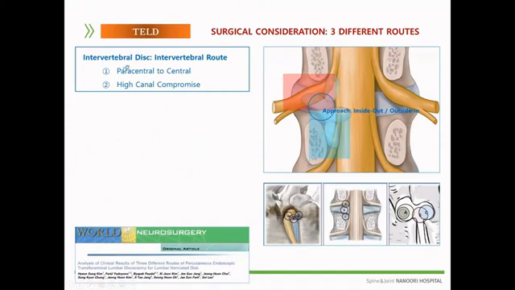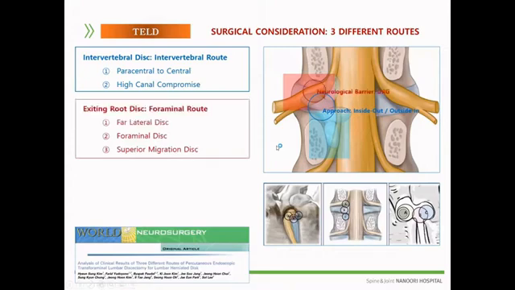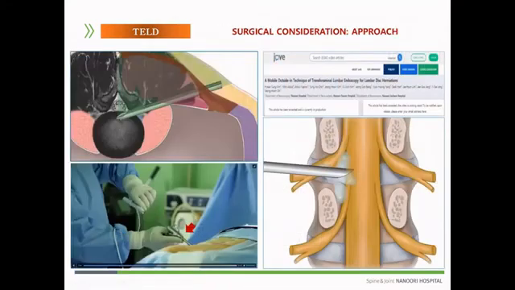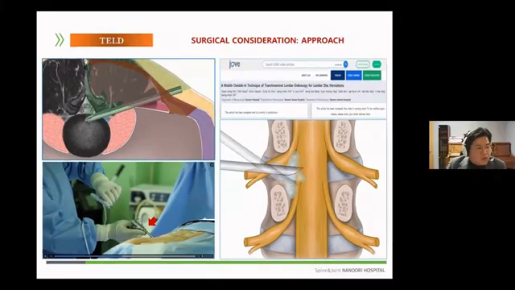There is an intervertebral route, which we generally apply, and a foraminal route that can be used effectively for foraminal disc and the superior migration disc. And there is a suprapedicular route that can be used effectively for paracentral and inferior migratory discs. Also, be aware that using the mobile outside-in approach in the transforaminal approach allows us to approach the target point much more effectively.